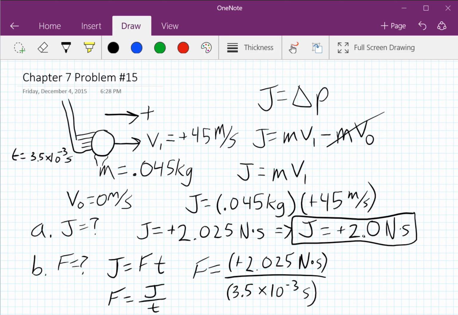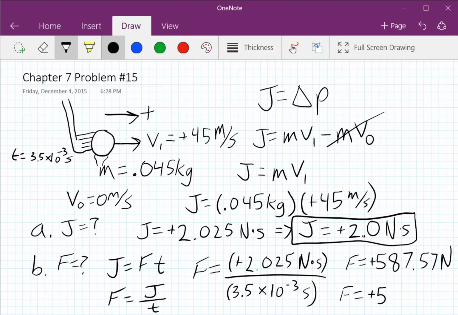And we get a value of a positive 587.57 newtons.